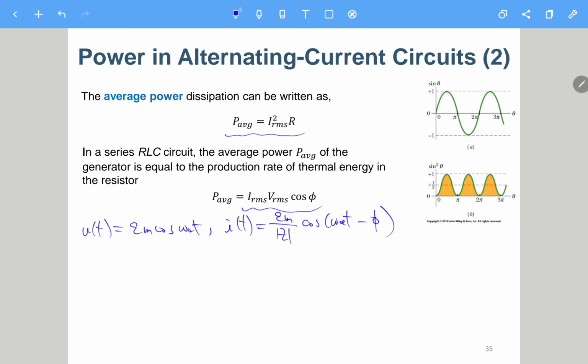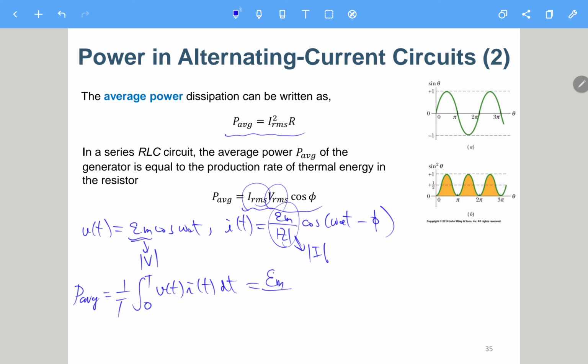So when we need to use I RMS and V RMS to calculate, this term is the absolute value of I and this is the absolute value of V. When we calculate P average, it is 1 over T times the integration of V(t) I(t) dt from 0 to T. Then we will have Em squared over Z, times the integration of cosine omega t and cosine omega t minus phi dt from 0 to T. And of course we need to divide it by T.